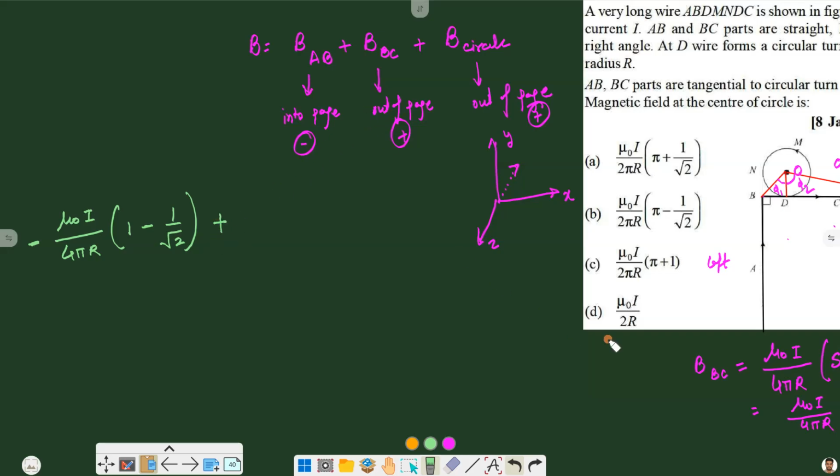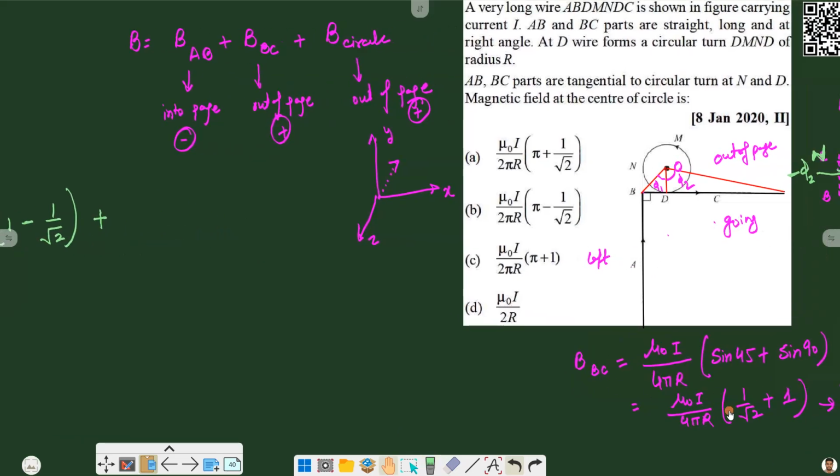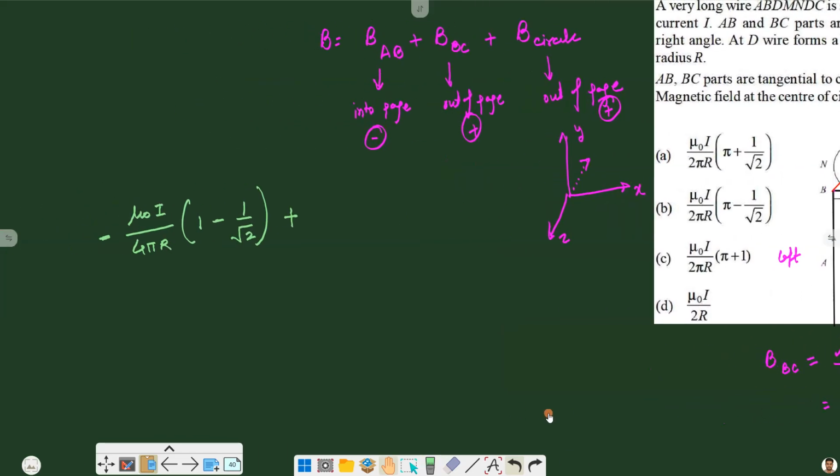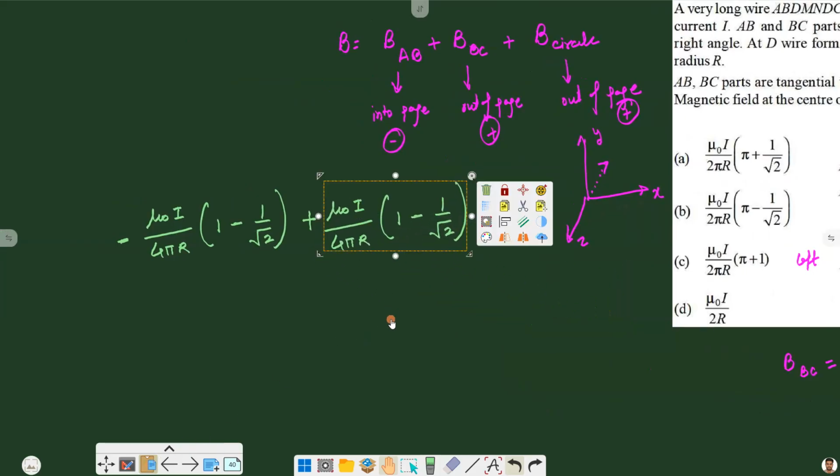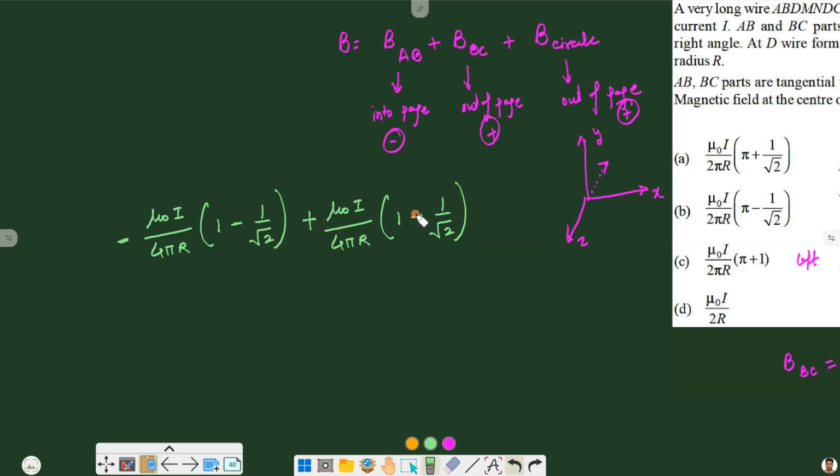Now plus BC, it is the same, but with a positive sign. So I will paste the same, with a positive sign. And now due to the circle, we have mu node I by twice of R. So this is the value of the total field.